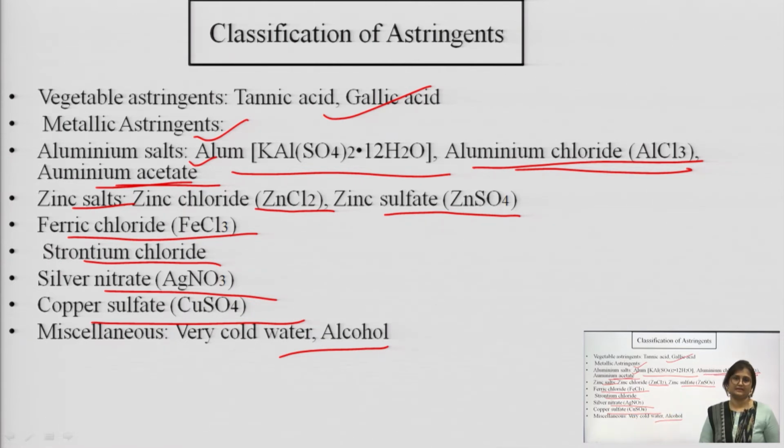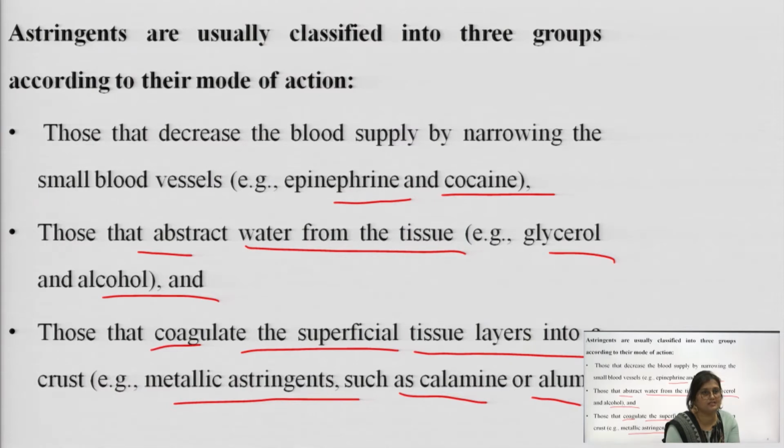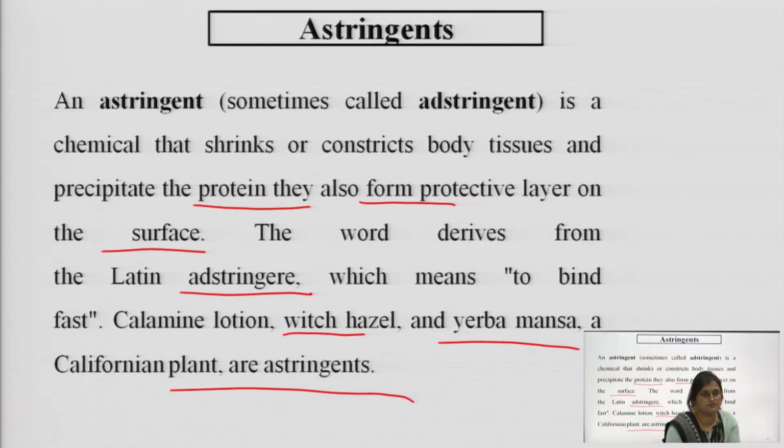Under miscellaneous, we have alcohol as one of the astringents. Okay, so till now we have discussed what astringents are, what the classifications of astringents are, and what the characteristics of astringents are.